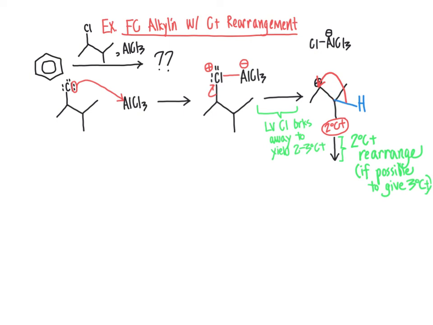In that 1-2 shift, what's going to happen is that now this carbon right here that was originally a CH now becomes a CH2. And the carbon that was right here that originally had 4 covalent bonds to it, once it loses that hydrogen, it is only going to have 3 covalent bonds. So now this is where the positive charge will reside. And so I'm going to put a plus in there to indicate that is the location of the positive charge.